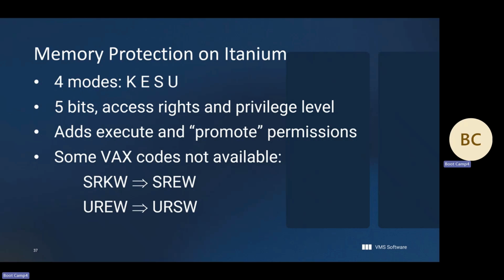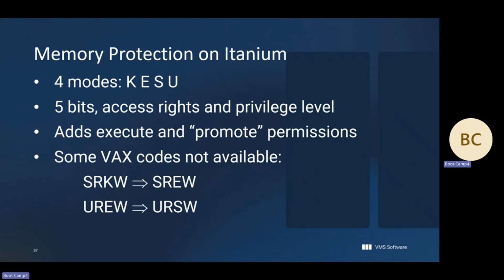Itanium has more or less 4 modes, and it does it with 5 bits: 3 bits of access rights and 2 bits of privilege level. Privilege level is equivalent to mode, 0, 1, 2, 3. Access right is a little different, and in there, we only have 8 values. It adds an execute permission and also promote permission, which is essentially how we do change mode.